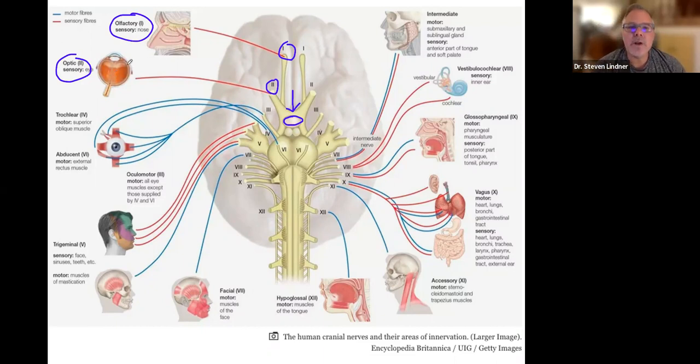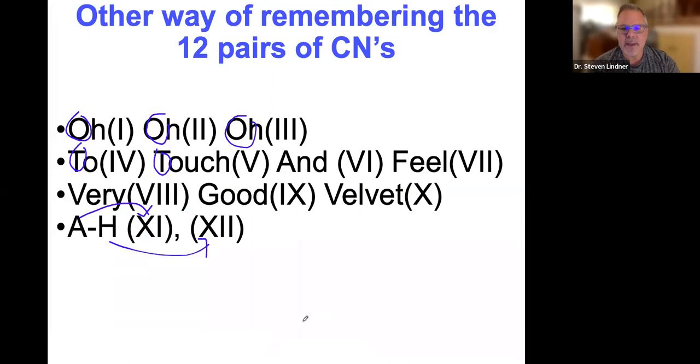Now, cranials 1 and 2, these originate in the cerebrum. Okay, so let's see if I can do this. Let me go up one here. Let's say we have the medulla, the pons, the midbrain, and then we have the cerebrum.